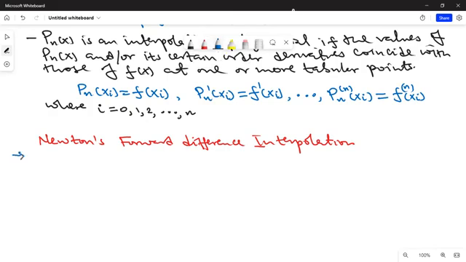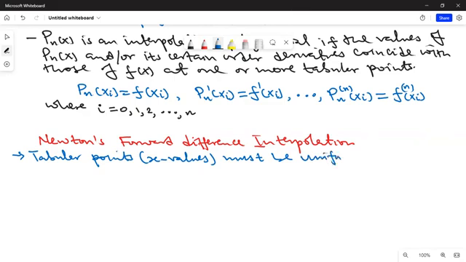So you can take a note that the tabular points, or what we call the x values, must be uniformly spaced. If the spacing is not uniform, you cannot use Newton's forward difference interpolation technique.